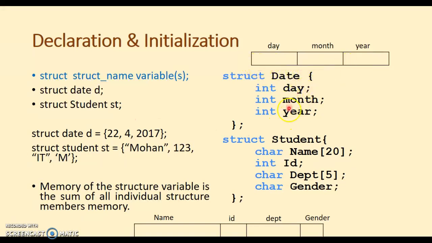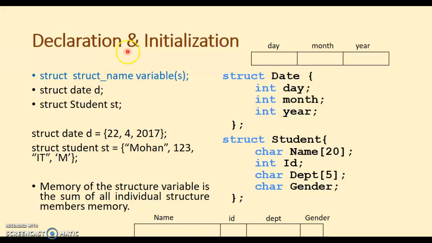Here we have three fields of same type. Structure memory is continuous. Whereas this student contains a name of 20 bytes followed by ID of 2 bytes followed by department 5 bytes followed by gender 1 character. These are created with a single block of memory in RAM.